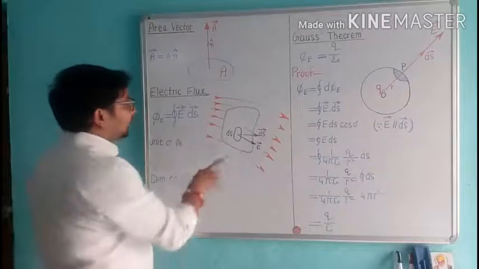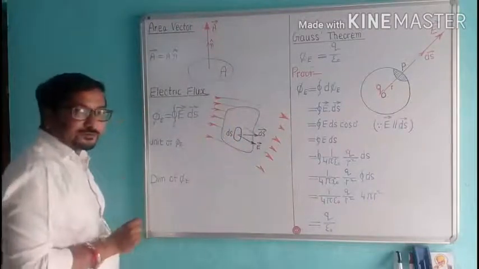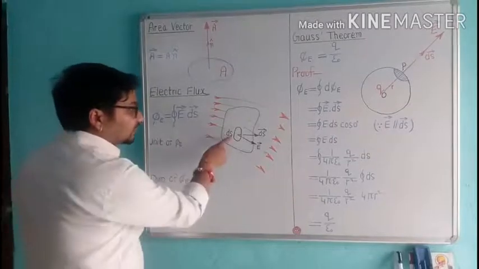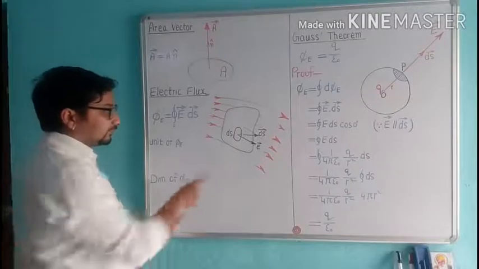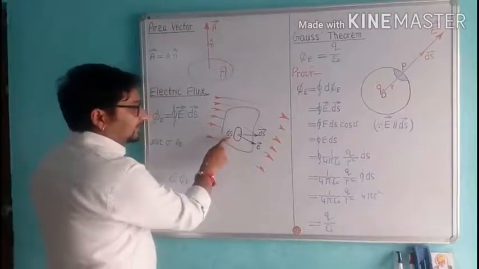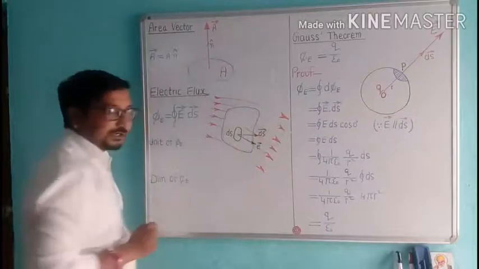Then, to find the electric flux passing through this area, at first consider a small area element ds in it, and we can represent this small area element by the area vector ds vector.